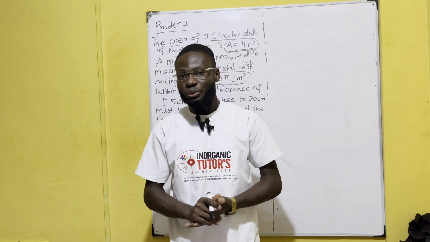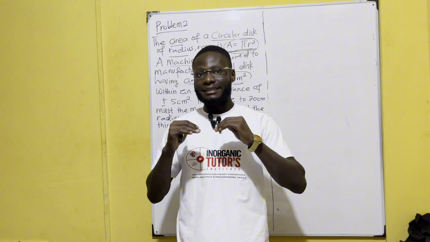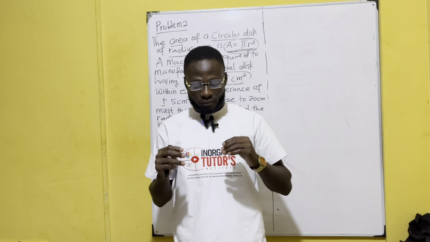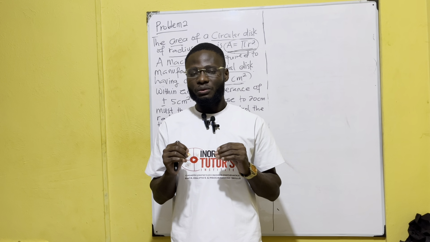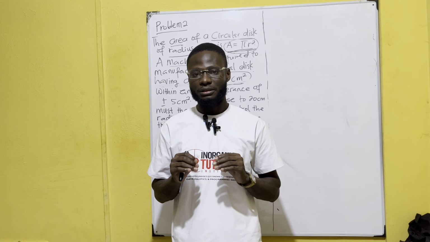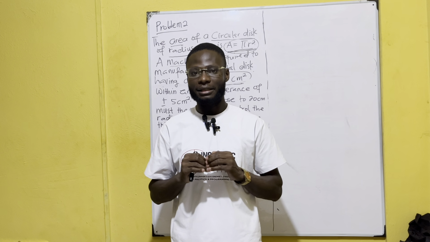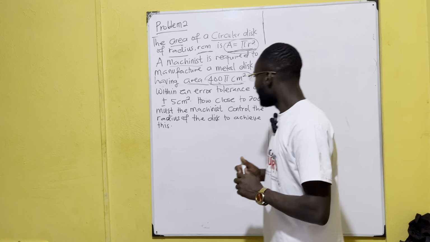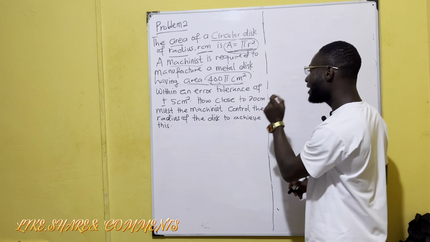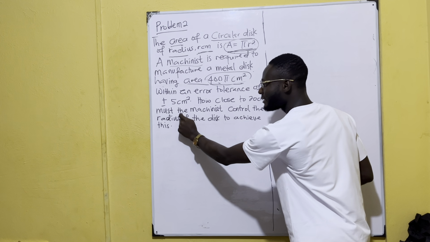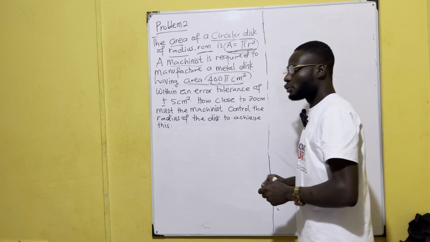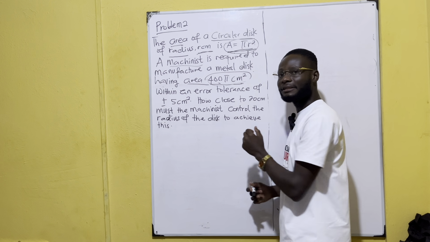So the accepted or the acceptable error shouldn't exceed plus or minus 5 centimeters squared. It should be within plus or minus 5 centimeters squared. Now, we want to know how close to 20 centimeters must the mechanist control the radius of the disc to achieve this.